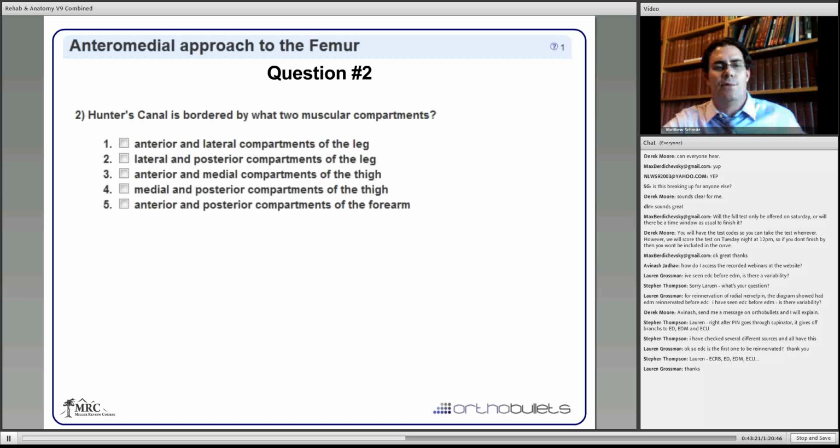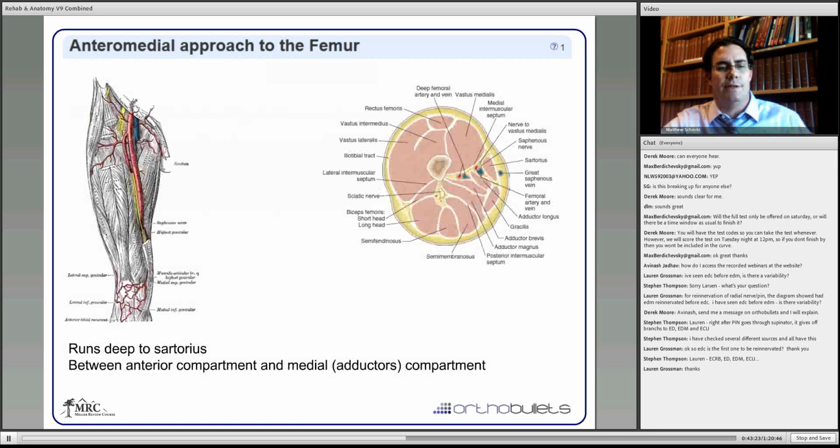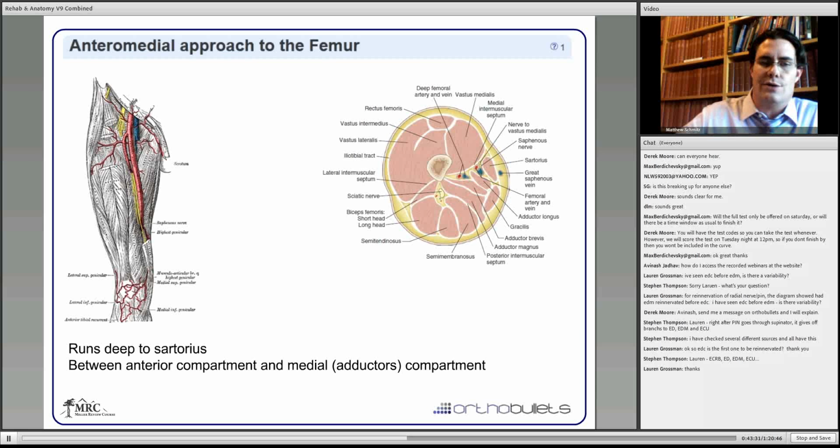Hunter's canal is bordered by what two muscular components? Hunter's canal runs deep to the sartorius. Okay, we just talked about that sartorius, and it runs between your anterior compartment and your medial or adductor compartment. If you think about it, the femoral vessels come off anteriorly underneath the inguinal ligament, and then as you move more distally, the medial compartment maintains its relationship to those vessels, meaning it stays posterior to those vessels.